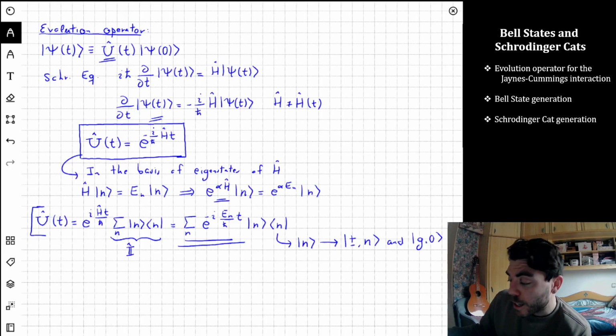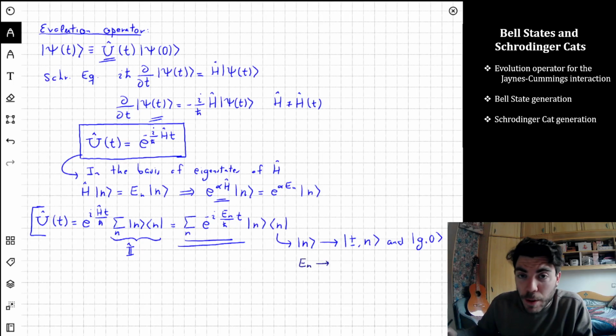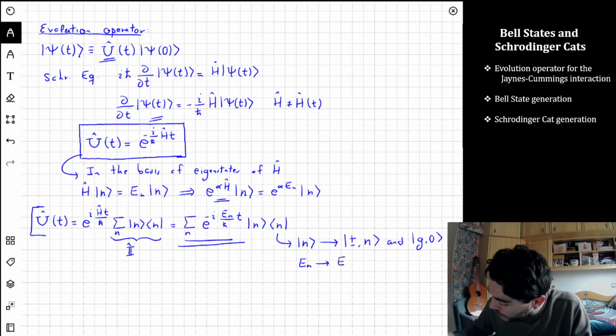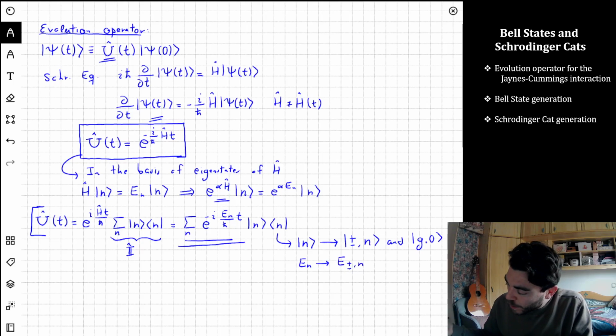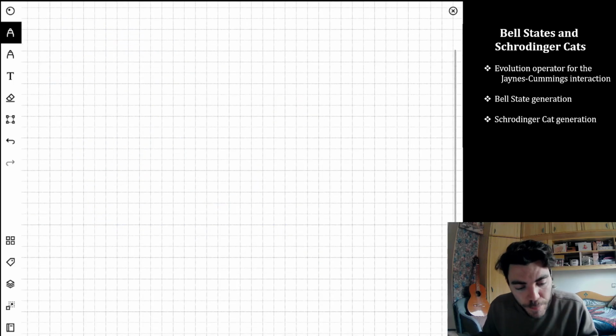To understand this, you have to see the last video in which we computed these eigenstates for the light-matter interaction in the Jaynes-Cummings model. So go check that video if you don't know. And the energies of the system, the eigenenergies of the light-matter coupled system, are E plus minus n. So then we can literally substitute into this formula and find the evolution operator in this case.